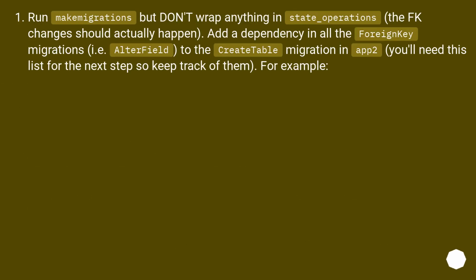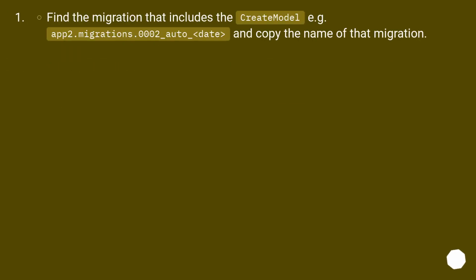Run makemigrations but don't wrap anything in state_operations, the FK changes should actually happen. Add a dependency in all the foreign key migrations, i.e. AlterField, to the create table migration in app 2. You'll need this list for the next step, so keep track of them. For example, find the migration that includes the create model, for example app2.migrations.0002_auto_date, and copy the name of that migration.